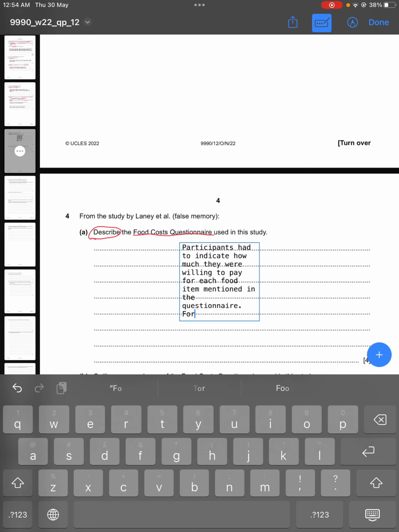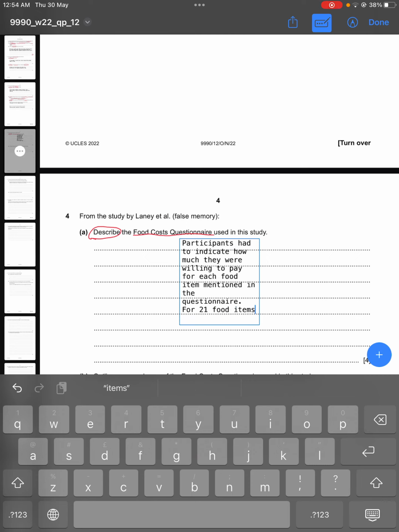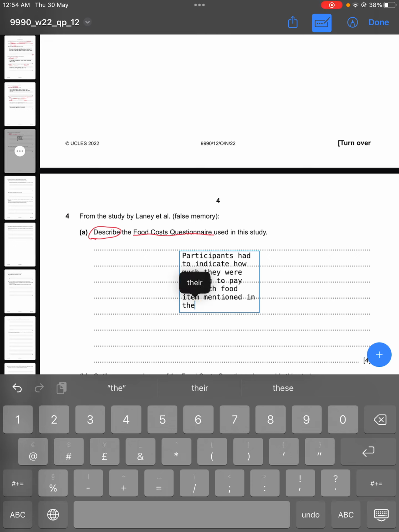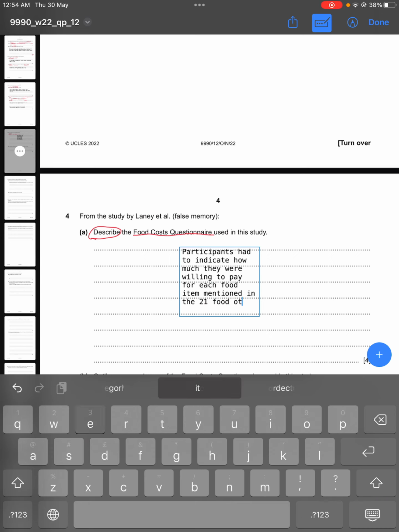And then for 21 food items, or you can make it as 1 point, that they were willing to pay for each food item mentioned in the 21 food item list.